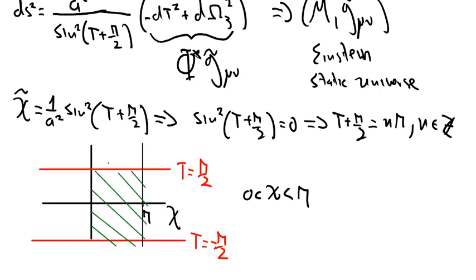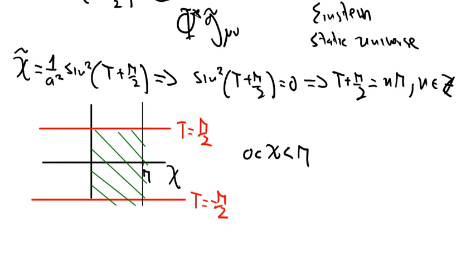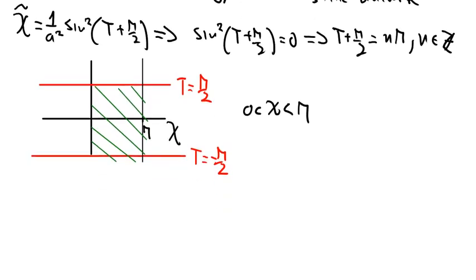Okay, and so this sort of rectangle is going to represent the de Sitter solution. But again, we need to think this is a two-dimensional representation, but we need to work in more than two dimensions. We need to work in 4 dimensions, but as always, it's not possible to draw 4 dimensions.